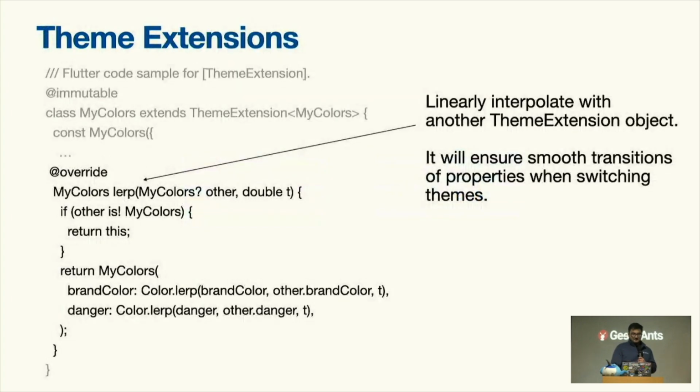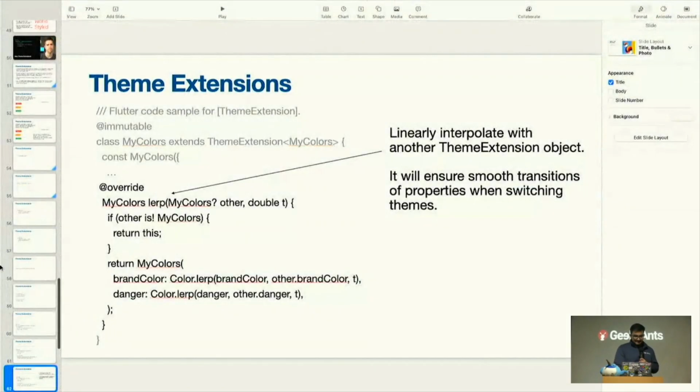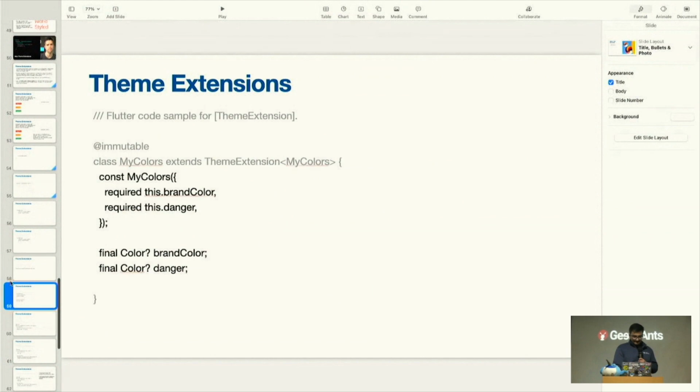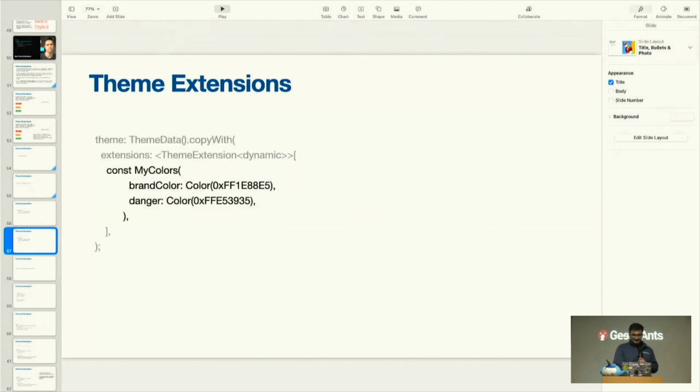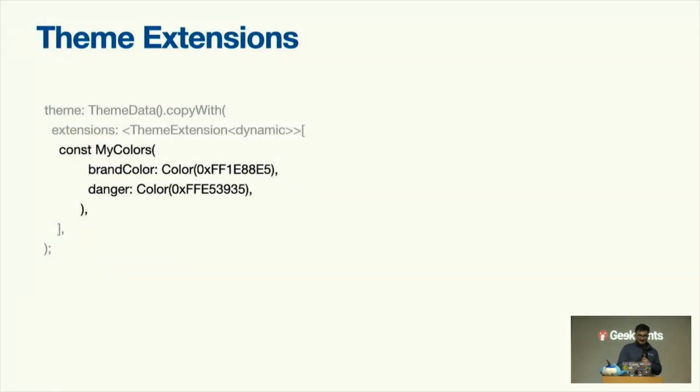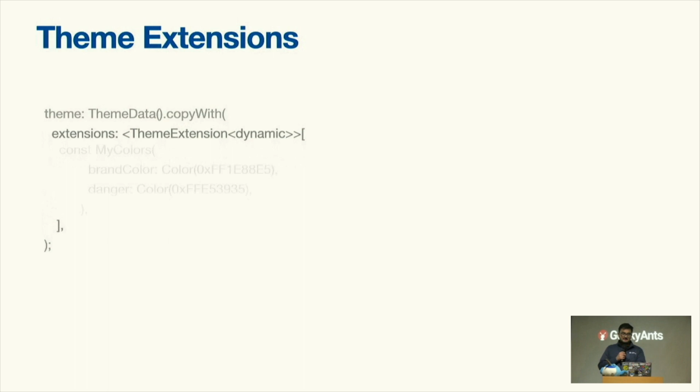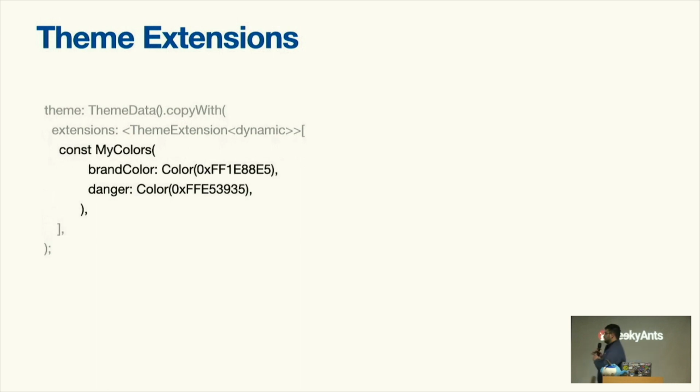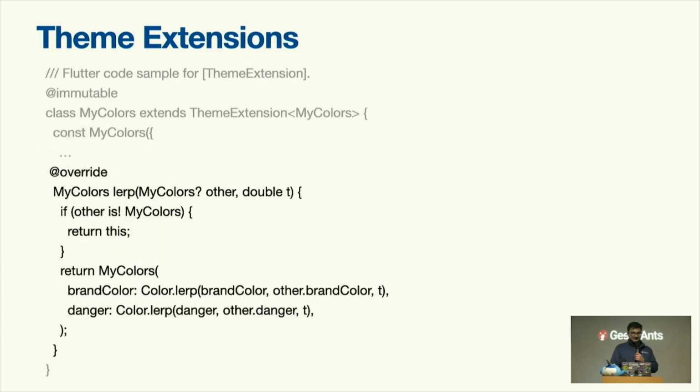That way I would have a theme extension ready. Again, you can go back to your theme data and simply add your theme extension that you just created and pass in the brand color and the danger color, and it would add these extensions. And instead of using the default color scheme that it created, it would use your theme extension for a change.